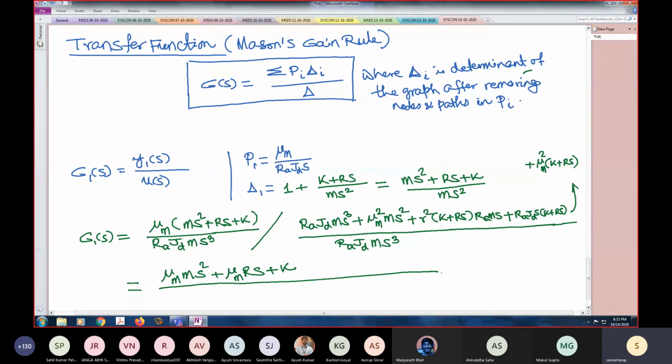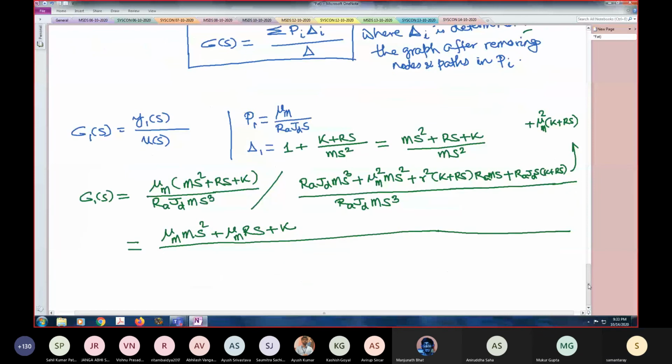When we write this transfer function, we will combine all terms of a particular order, that is cubic terms. So what we have?